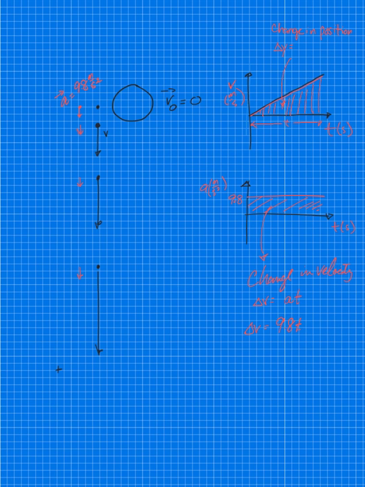The height is my change in velocity, a times t, so 9.8 t. So that area becomes 1/2 times 9.8 t times t, which is 1/2 times 9.8 t squared.